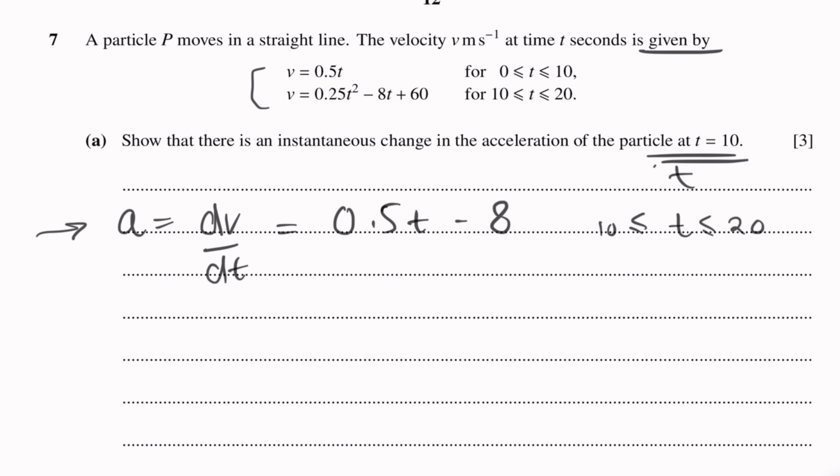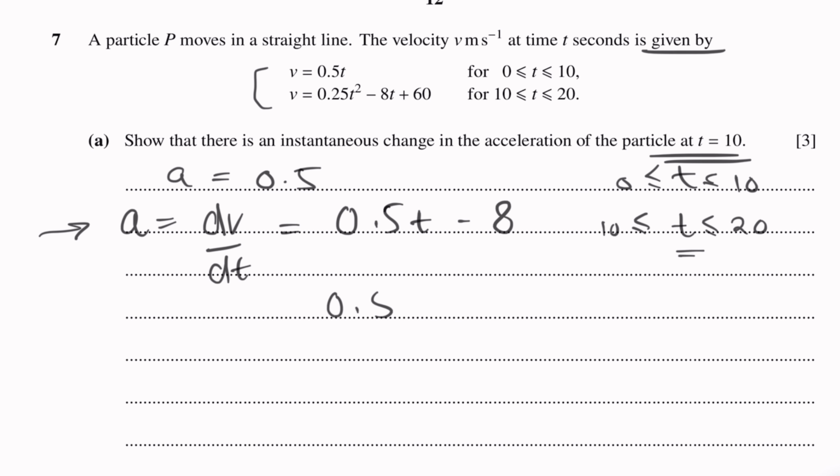However, between time 0 and 10, the acceleration, again a derivative, will equal 0.5. Now let's place time equals 10 into this equation. So 0.5 times 10 minus 8 is equal to what? 0.5 times 10 is 5, minus 8 is going to be negative 3 meters per second squared.